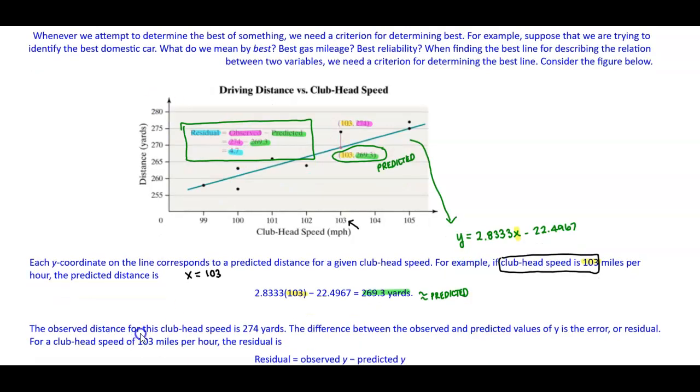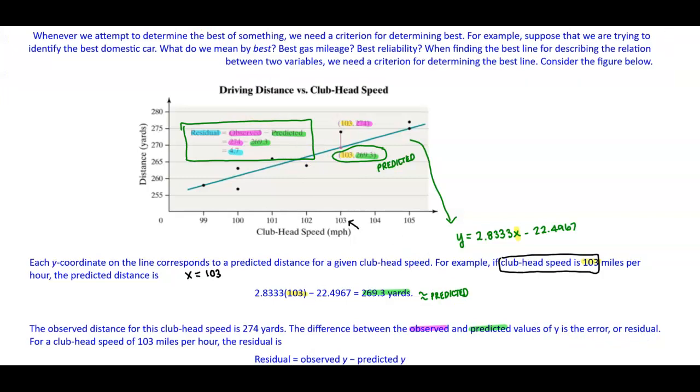So again, the observed distance for this club head speed is 274, meaning this is the actual point on our graph. Remember, the difference between the observed and the predicted values of y is the error or residual.